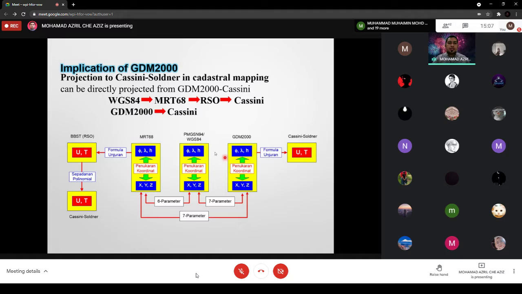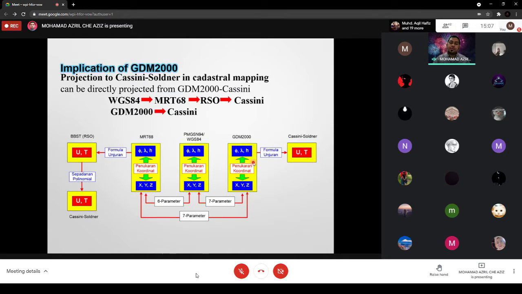Okay, for the projection to Cassini-Soldner in cadastral mapping, from GDM 2000 you can change directly to the Cassini-Soldner. This Cassini-Soldner we call the Cassini geocentric.